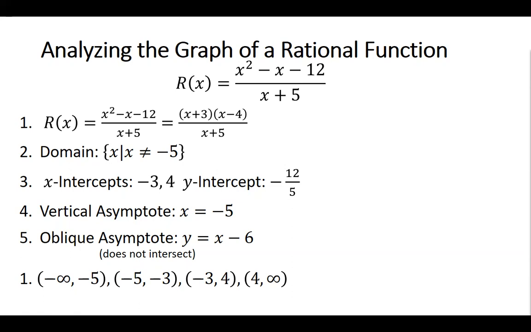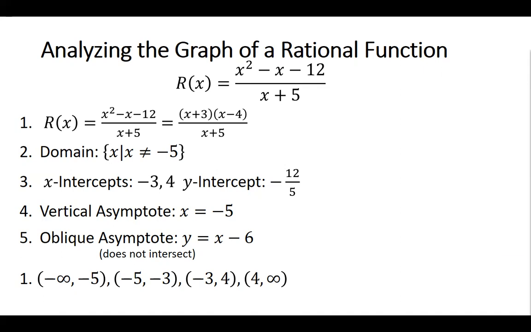And I personally go for the easiest one that I can, which is plugging in 0. 0 makes my life really easy. And we actually already did it because we found that the y-intercept, when x is equal to 0, we got -12/5. So I know the interval from -3 to 4, the sign is negative.